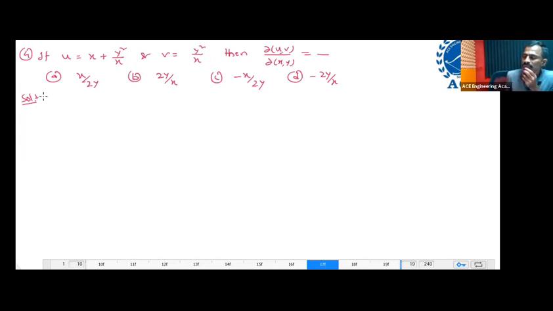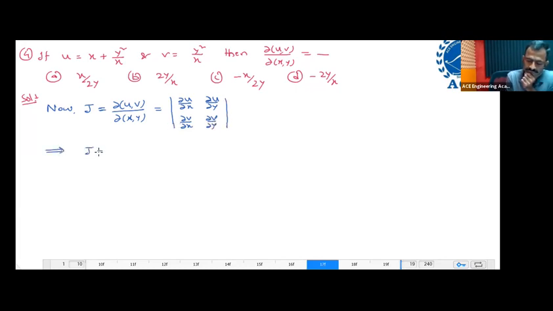So dou of u comma v by dou of x comma y is the Jacobian of transformation. It is the Jacobian of u and v with respect to x and y. Now J equal to dou of u comma v by dou of x comma y, equal to the second order determinant: dou u by dou x, dou u by dou y, dou v by dou x, dou v by dou y.